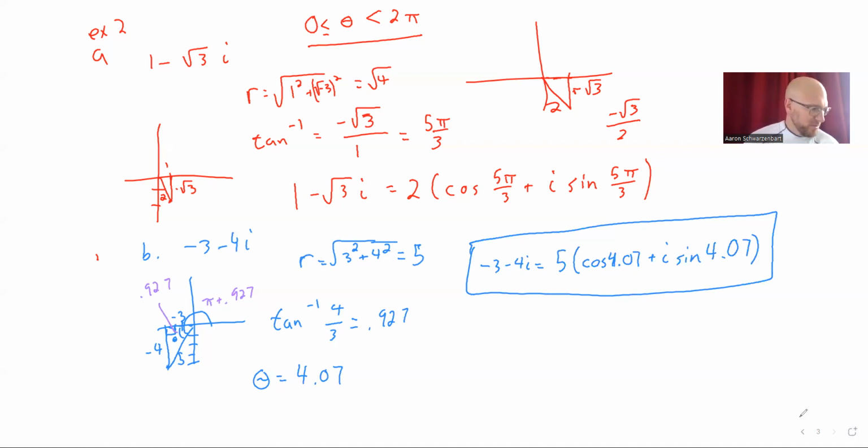Okay. I'm going to talk about a couple of equations for multiplying in polar form and dividing in polar form. So I'm going to talk about multiplying. And these are in your packet or your Bible. There's a page that has vectors and polar form of complex numbers on it.